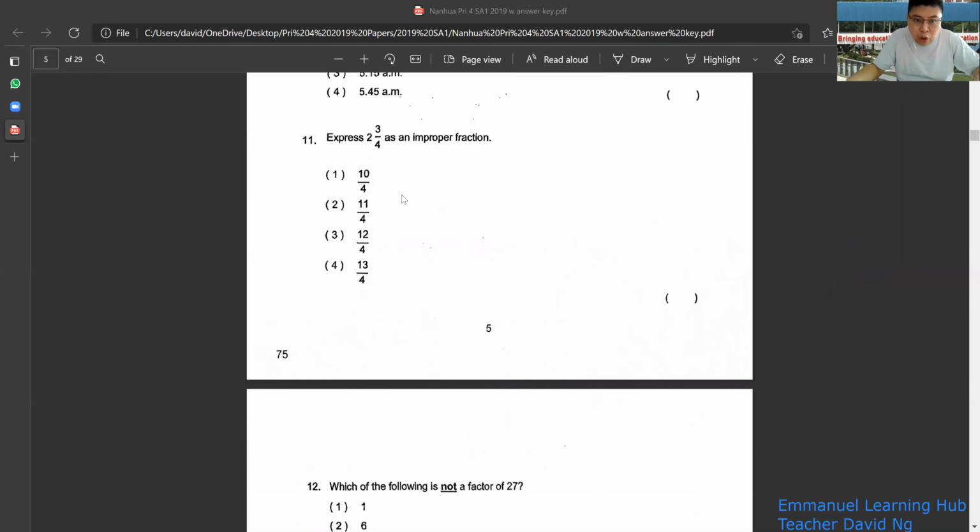Okay, express 2 3/4 as an improper fraction. 11/4. Very good. Okay, let's move on.